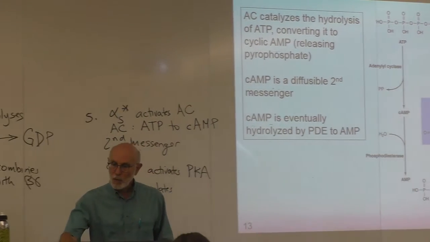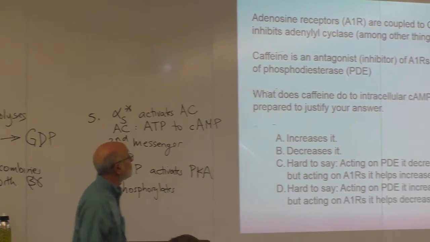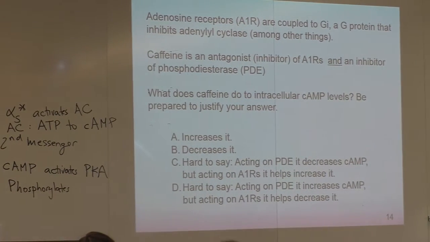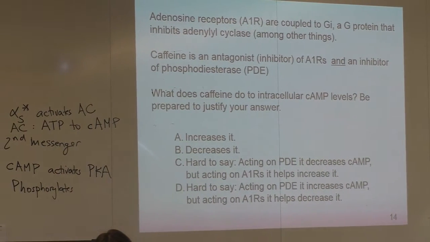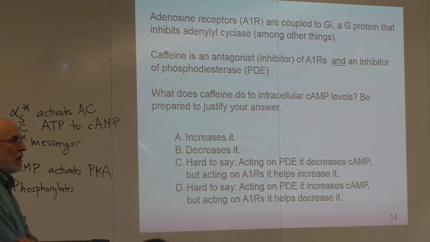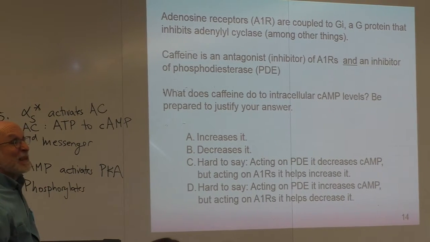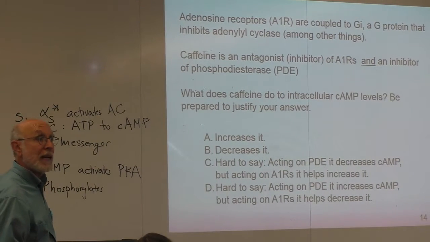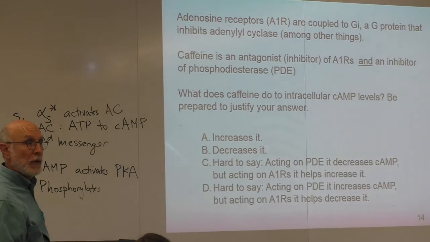Okay, so let's work with this for just another clicker. Now, this is just asking you to apply your knowledge. Adenosine receptors are called A1Rs, A1 receptors. Adenosine is the neurotransmitter in this case, and actually this is important in control of the heart rate. We'll talk about that in a week or so.